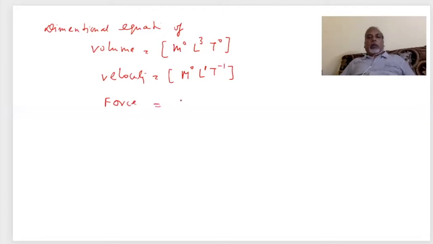It is nothing but M L T minus 2. Sorry, here it is M1. So like that, you can represent any physical quantity formula in the dimension form. Correct?